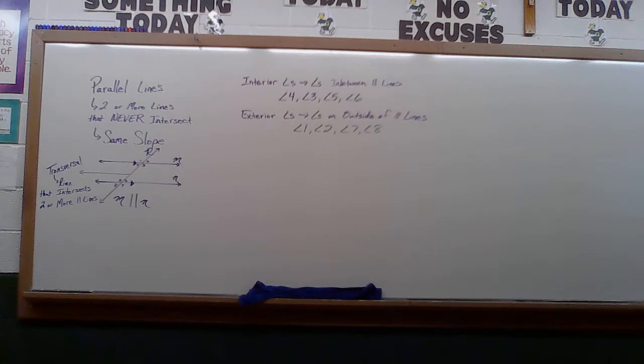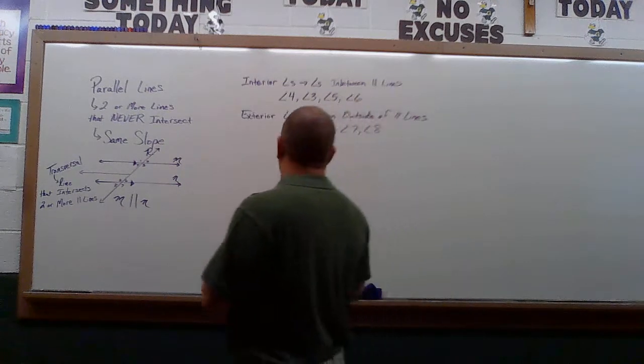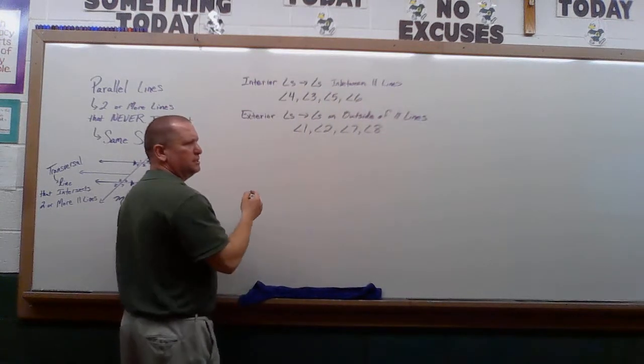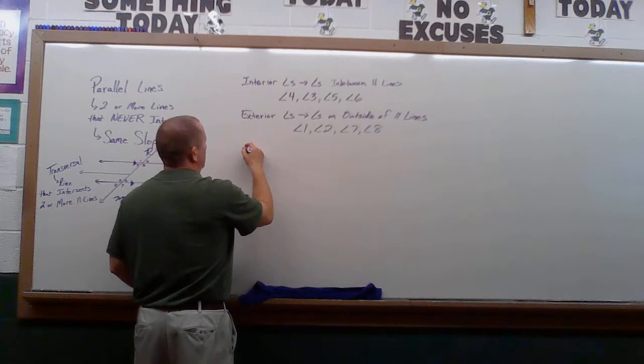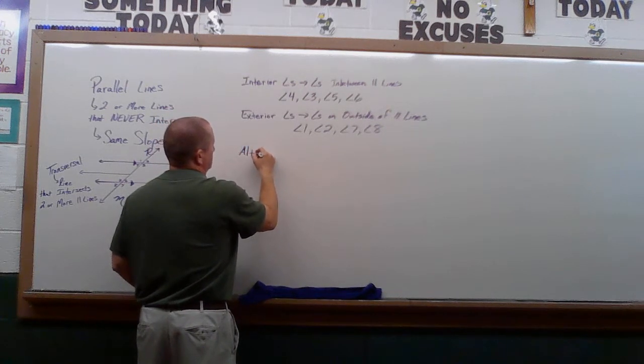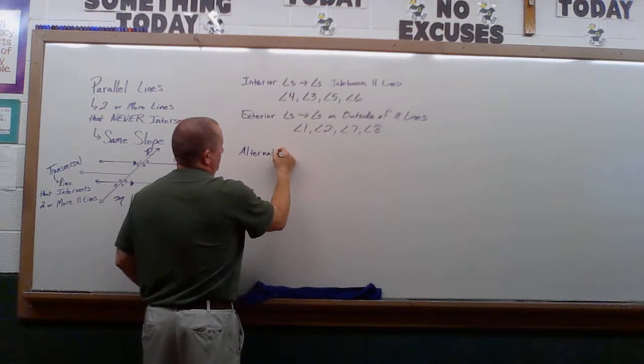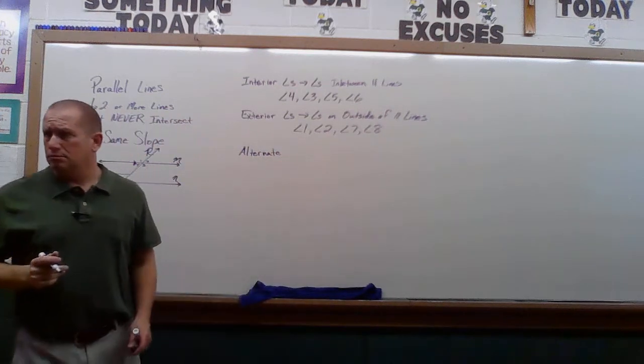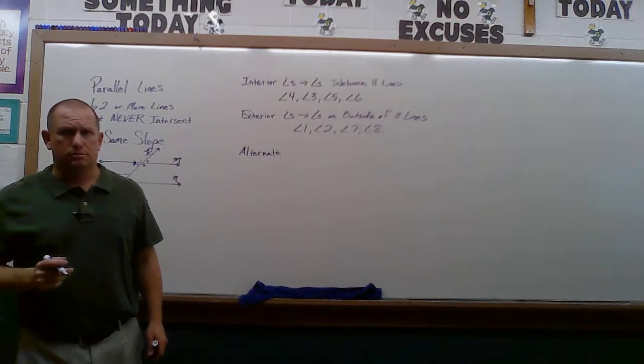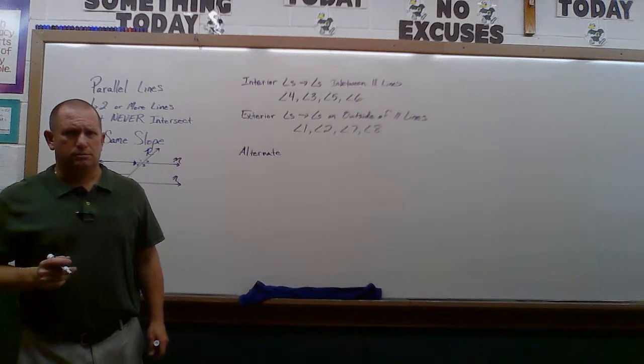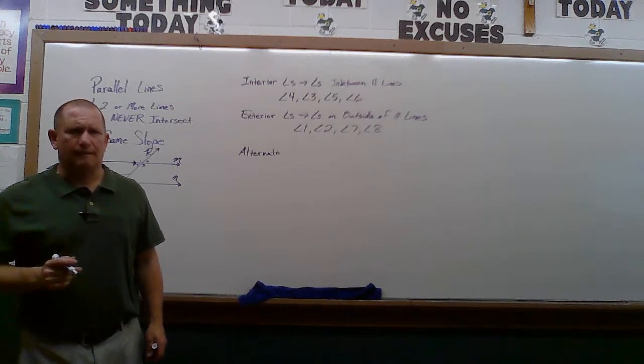So from there, then we talk about two other things, or three other things, really. And the first one is called alternate. What does alternate mean to you? You can use something else for something. Adjustable.